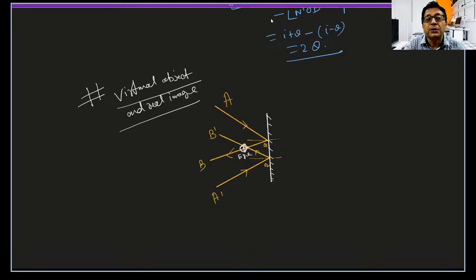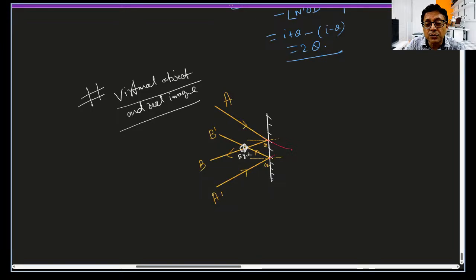For that, we will be producing this in forward direction. This also in forward direction. They will be meeting at a point. This object is virtual. Its image is formed here. This image is real.